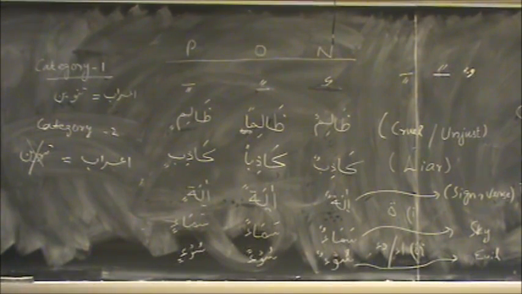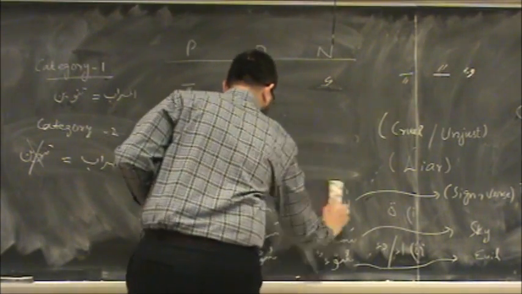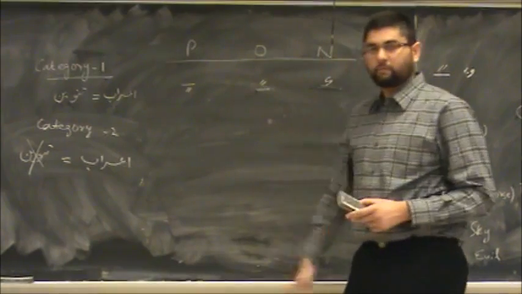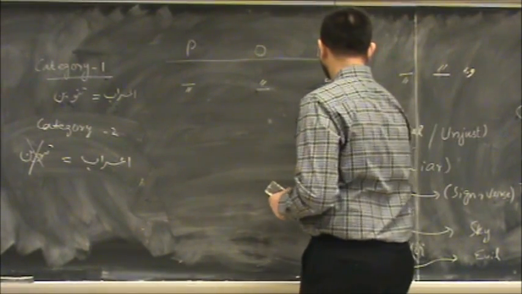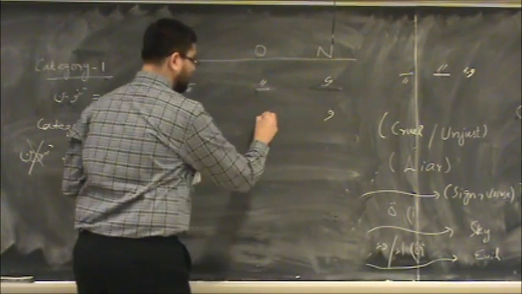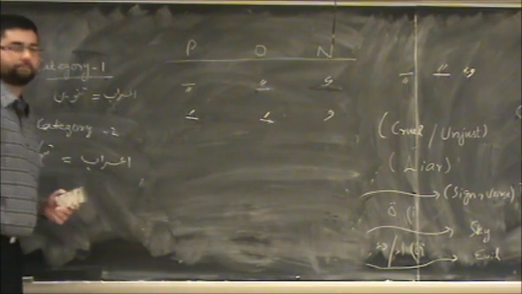Okay. So what is its i'rab then? It is single dhamma here, which changes to fatha and stays at fatha.